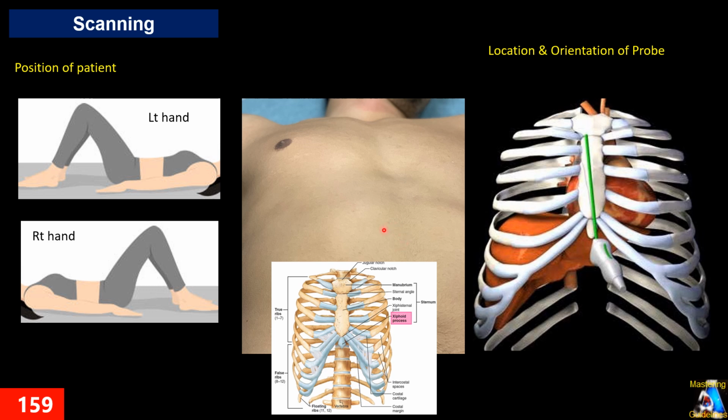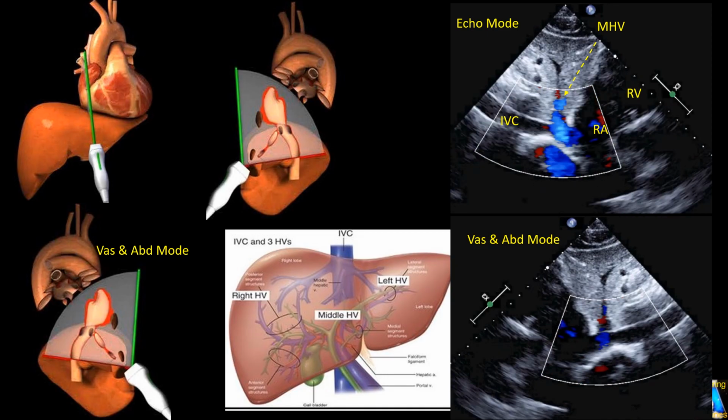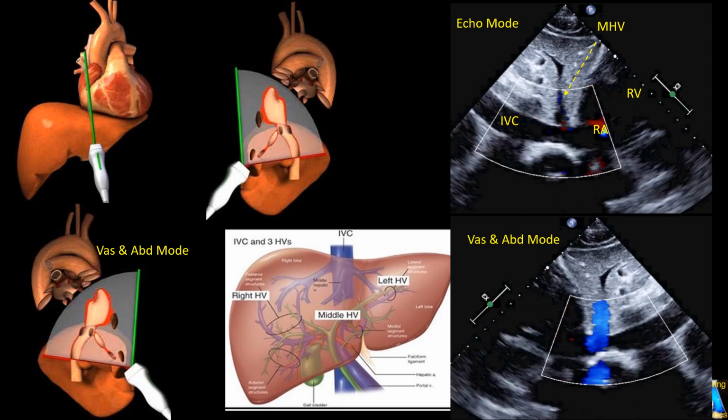Let's see how we differentiate the IVC and aorta from each other in ultrasound. Here we have a cross-sectional ultrasound of the IVC.